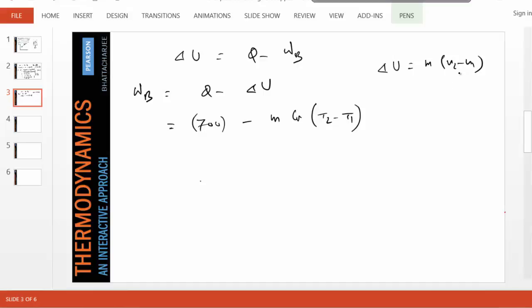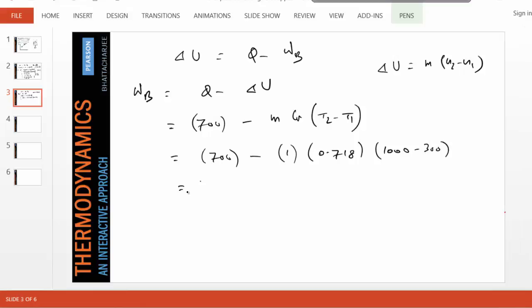And U2 minus U1 for a PG model, by now you must know. Otherwise, go to Table J and look up the PG model one more time, the formulas, you'll find that. And once we substitute these numbers, 1 kg, 0.718, 1000 minus 300, we get the boundary work to be about 201 kilojoules.